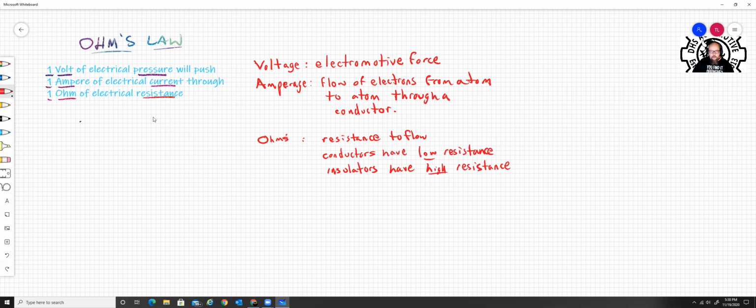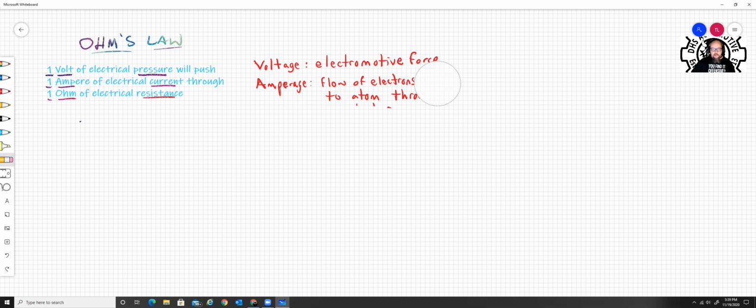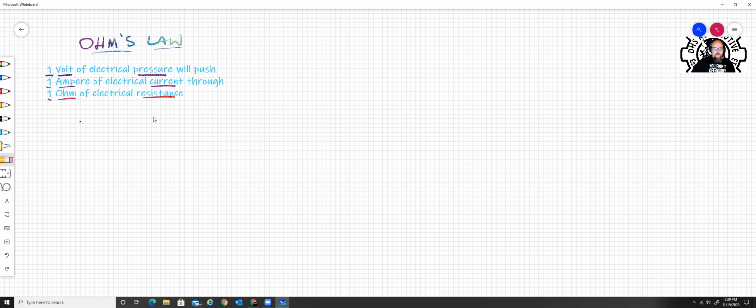Now, let me draw a little circuit just to get a basic idea across to you. Just a simple little light bulb. I'm going to erase this, so you can always rewind it, freeze it, screenshot it, whatever you need to do. I'm going to leave Ohm's Law right there because that's a constant reference we're going to have.